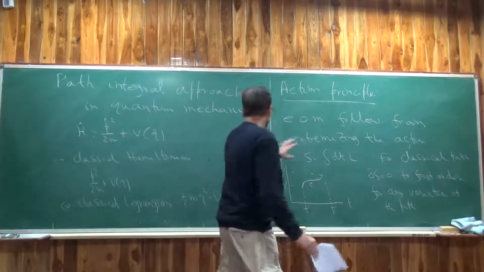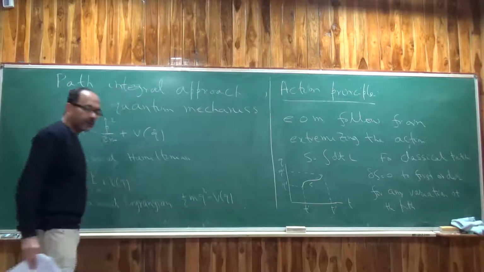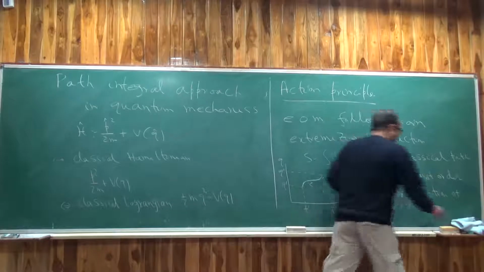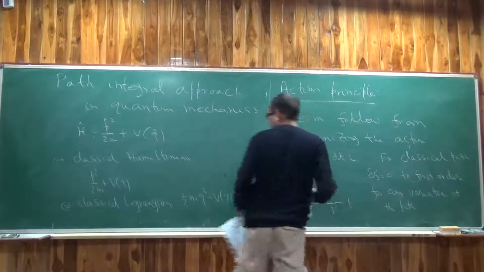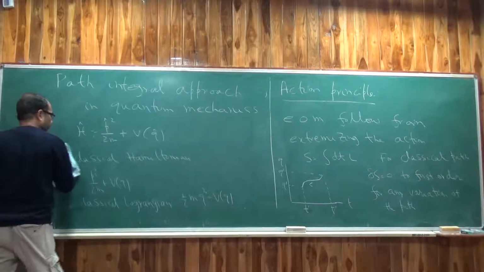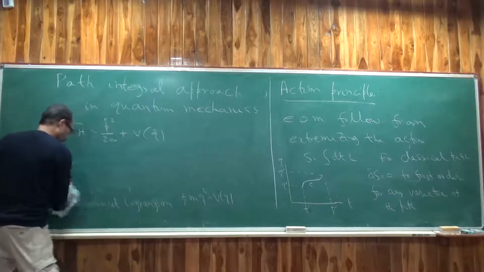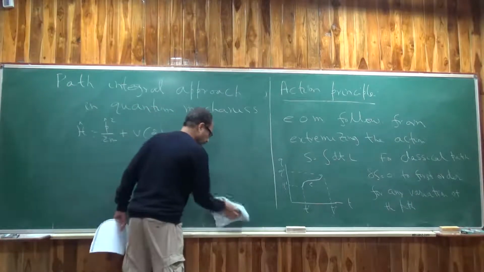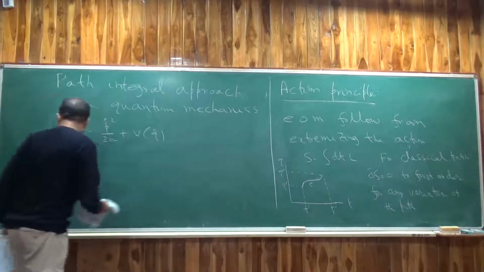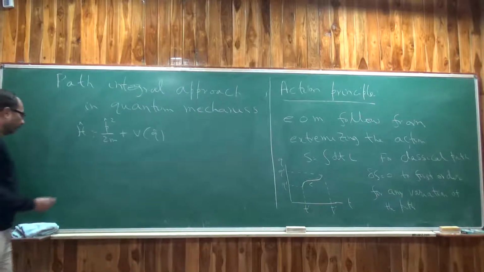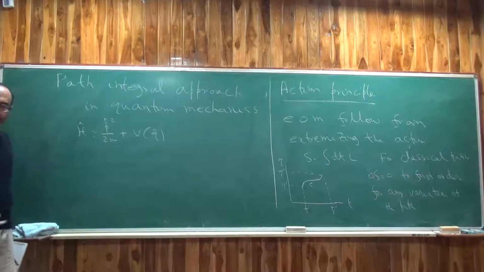But of course you want to do quantum mechanics, so let's go back to quantum mechanics. This is the Hamiltonian. Let's define certain things and then see how to calculate them. So again, let's go to the Heisenberg picture.